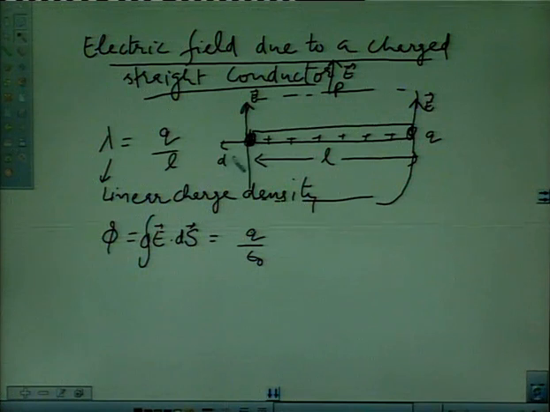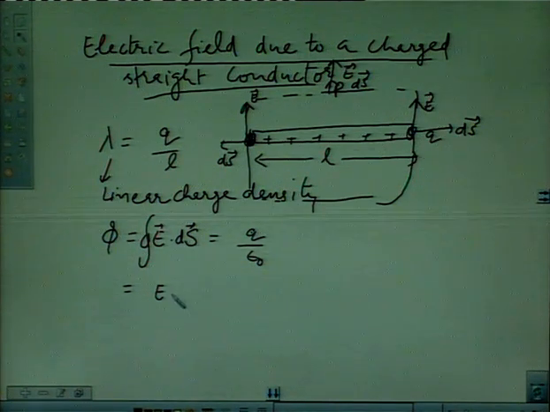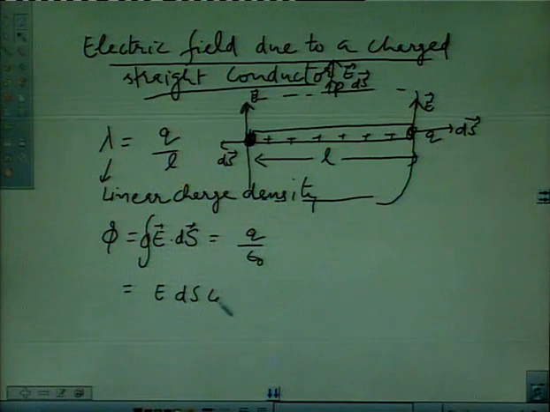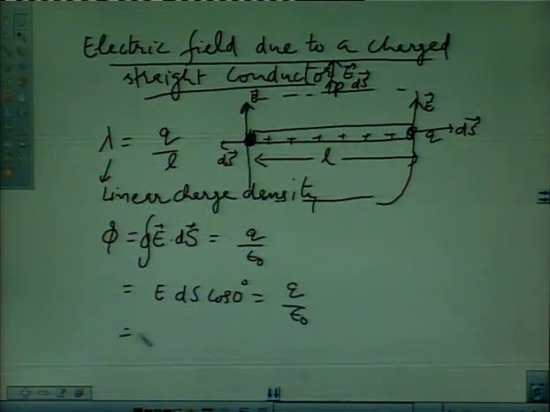Here the ds vector is perpendicular. Here also the ds vector is perpendicular, but along the perpendicular direction the ds vector is parallel to the E vector. So, we can write the flux through these two surfaces will be 0, but along the perpendicular direction it will be maximum.